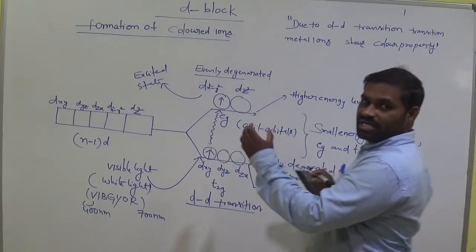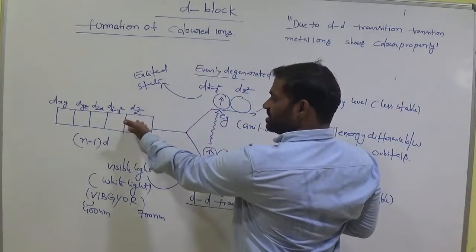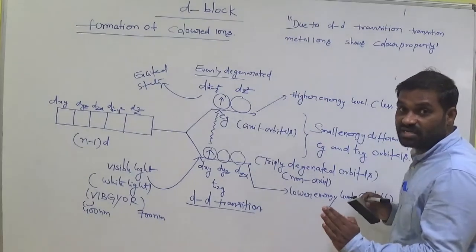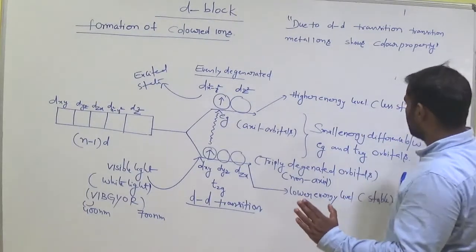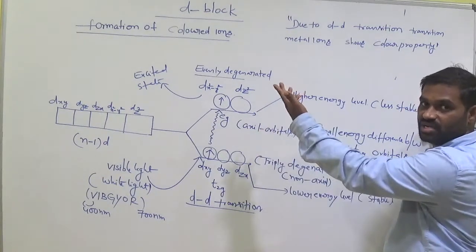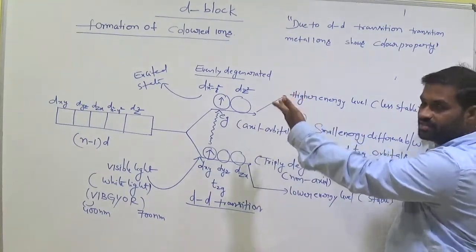That means single electrons are able to exist in d orbitals. Remember that: not paired electrons, not empty. Already we discussed this. If at least a single electron is present in the d orbital, then it can show the color property.